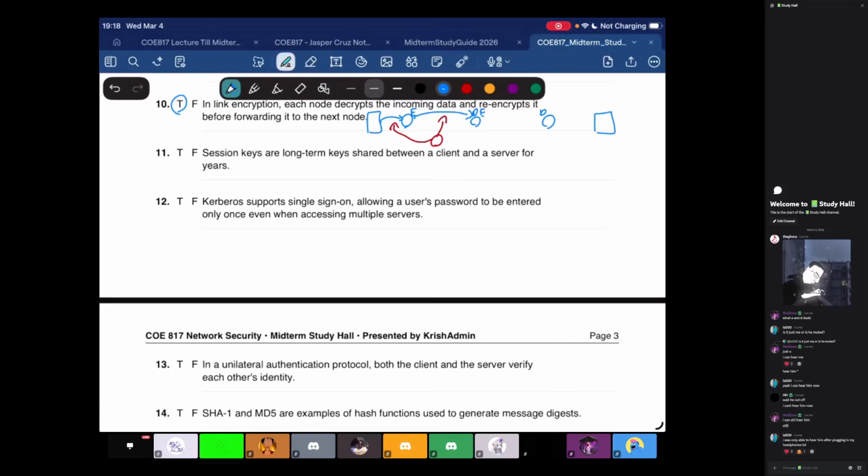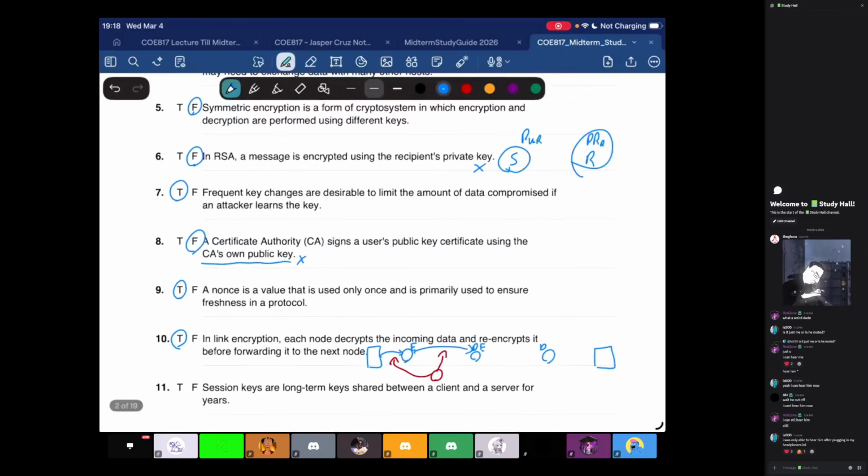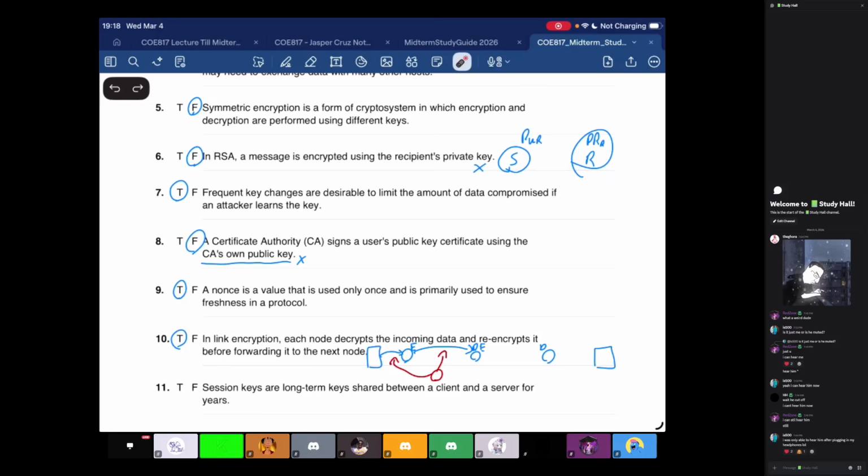Yep. Go over question 7 again. The CA question. Question 8, you mean? Yeah, my bad. This is something that you just have to memorize. The question states that the certificate authority signs the user's public key certificate using the CA's own public key.